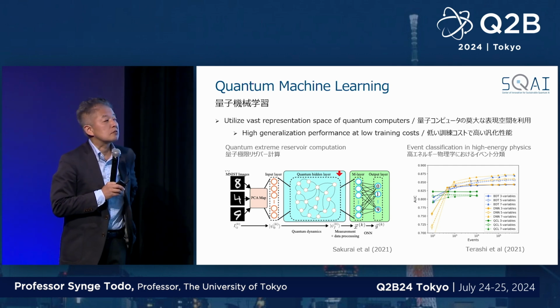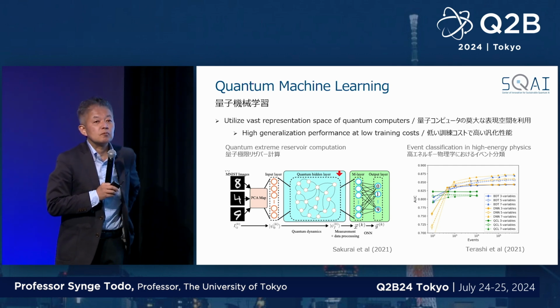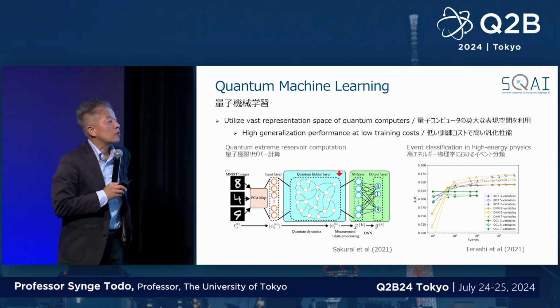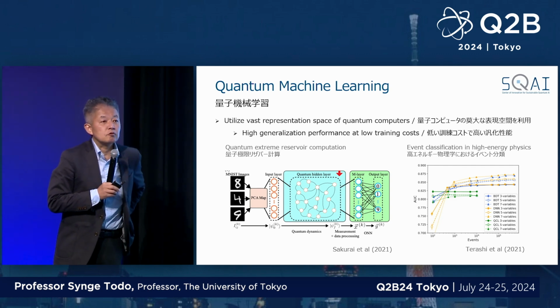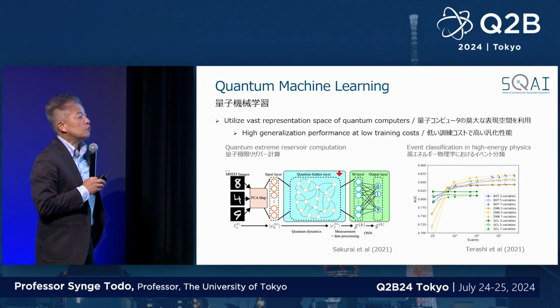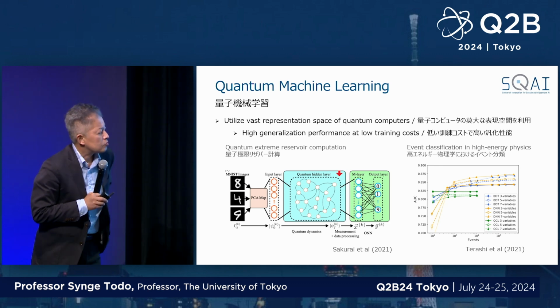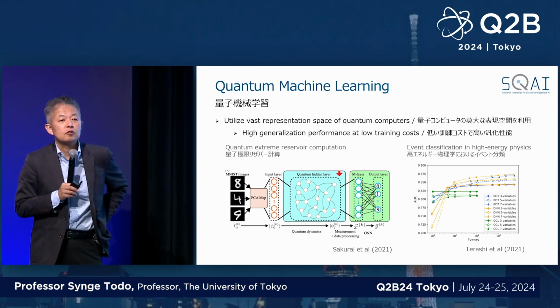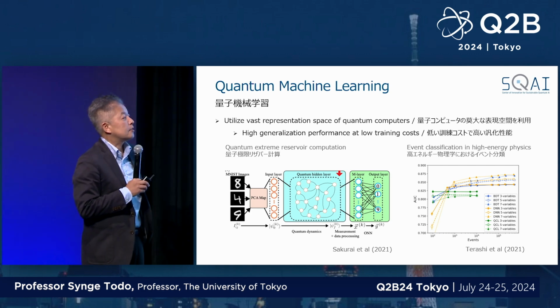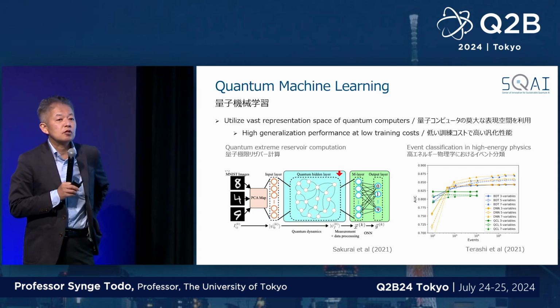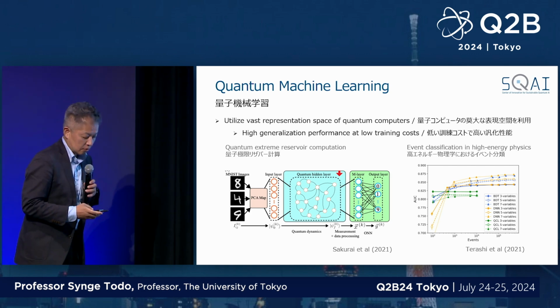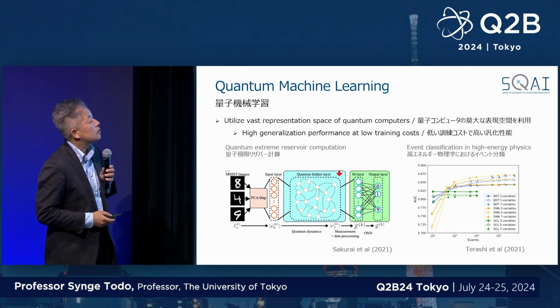Orange and blue are the results of machine learning, conventional machine learning. Of course, if you increase the number of events, you see better result. Now, the quantum machine learning result is indicated by green lines. What is characteristic is you only have 100 events, but stable accuracy has been achieved. This is a possibility of quantum machine learning.